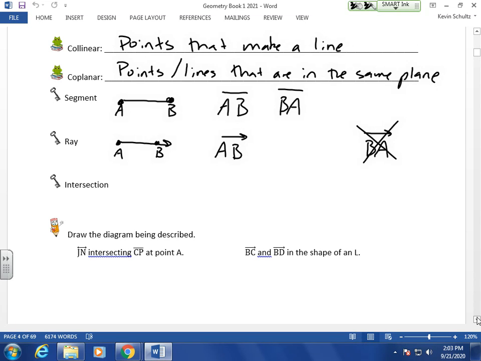You could, however, write BA with the arrow pointing to the left, because that also shows it starts at A and continues through point B, although in this case, it'd be most correct for the first one, because it is going from left to right. All right? So we have the line, which continues in both directions on both ends. We have the segment, which has endpoints, and we have a ray, which has a beginning but no end. Only one of those you can actually measure, and that would be the segment.